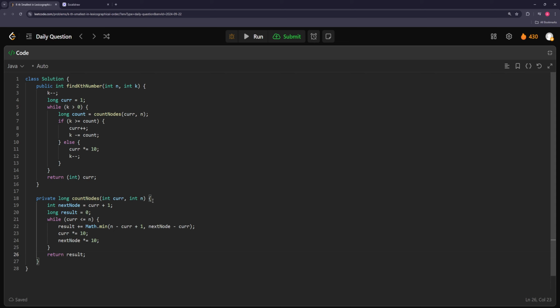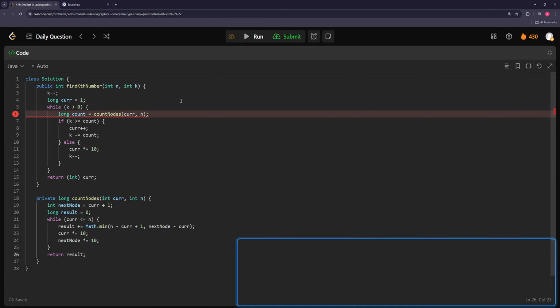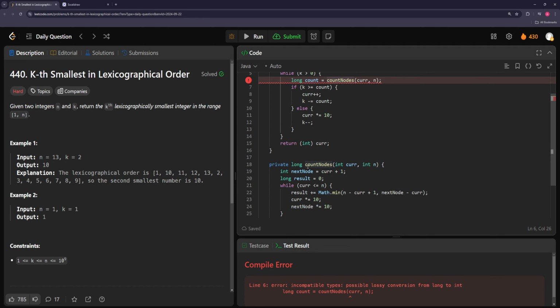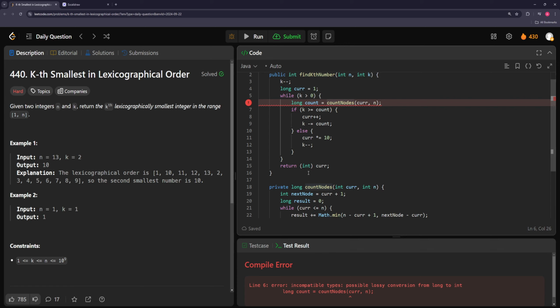Okay. Let's see what happens. All right. Let's see. Incompatible types. Long count equals count nodes, from long to int.